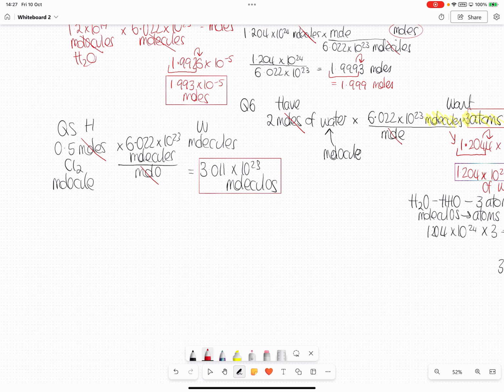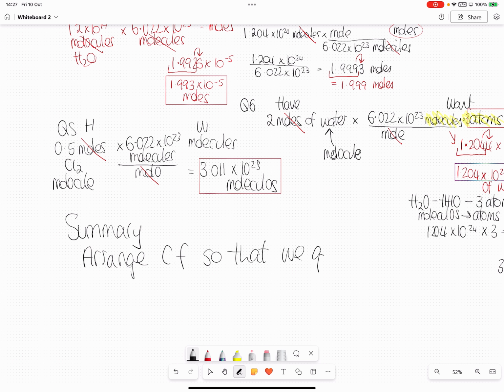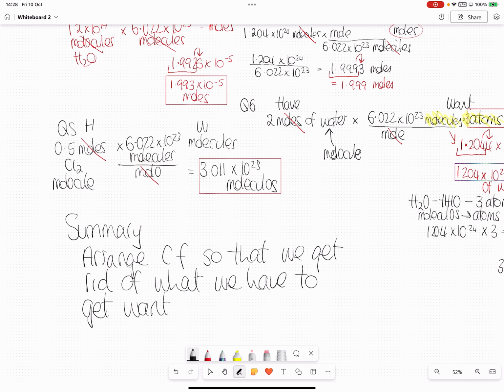So for our little summary, we are trying to arrange the conversion factor so that we're getting rid of what we have. And what I mean by that is that we can cancel out the units to get what we want. So if we've done our cancelling out, then we should have the units for what we want left.